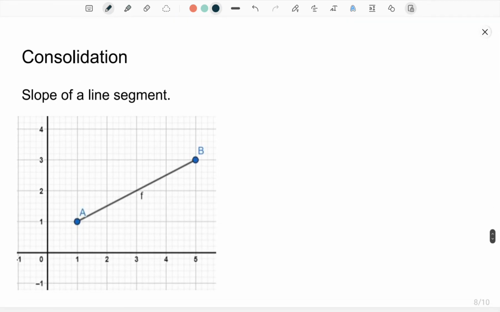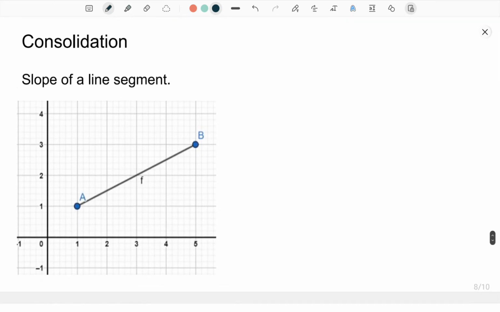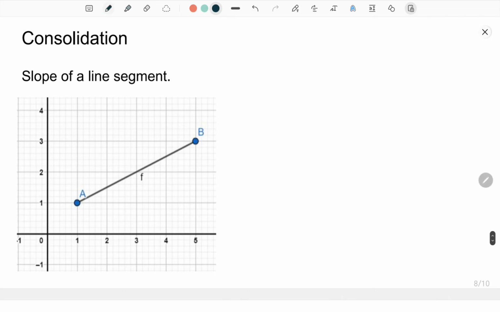All right. And just to continue with a few more examples like that. So again, if we have 2 points, maybe we have a graph given, we might need to measure exactly how far across we've gone. So what is that horizontal distance? How far up we've gone.